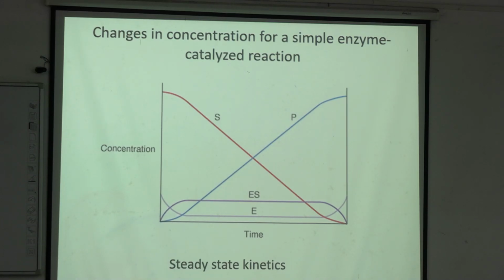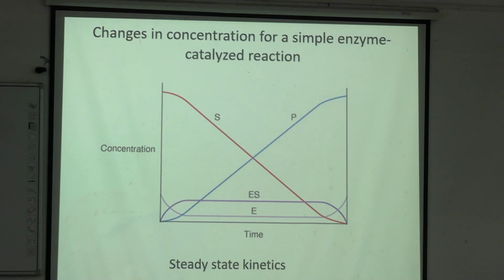With passing time, the substrate concentration decreases and after some time it becomes 0. With passing time, product concentration increases, after some time it reaches maximum. Correct? The free enzyme concentration decreases but does not become 0. Why?